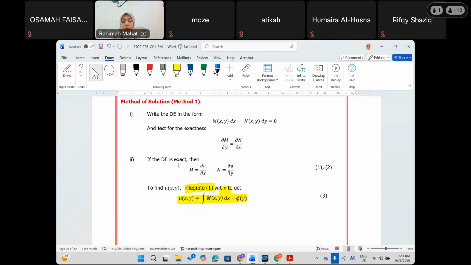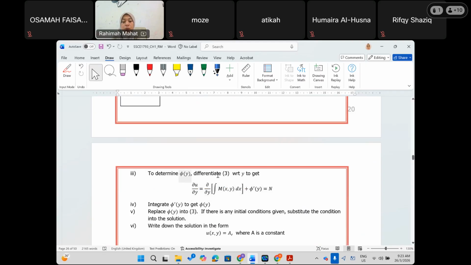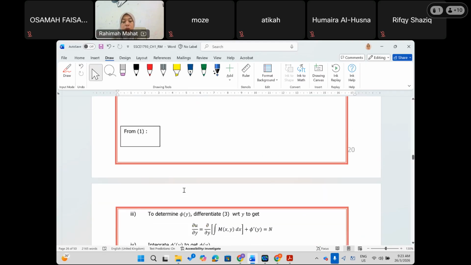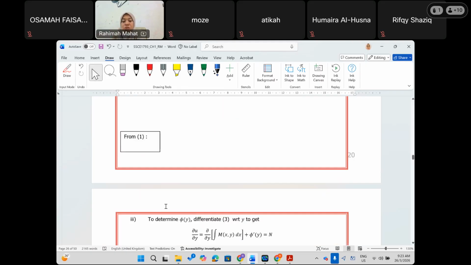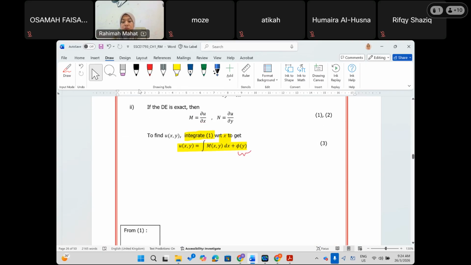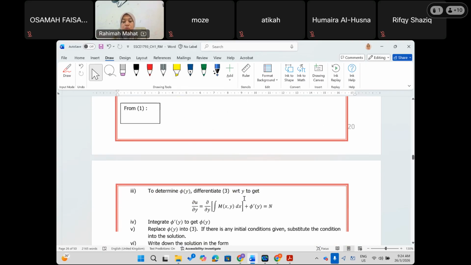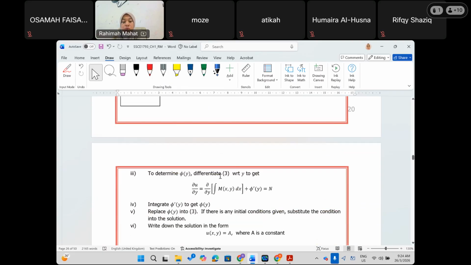Then you differentiate to determine the value, because you have the phi(y) here. How do you get phi(y)? To determine phi(y), differentiate 3 with respect to y.